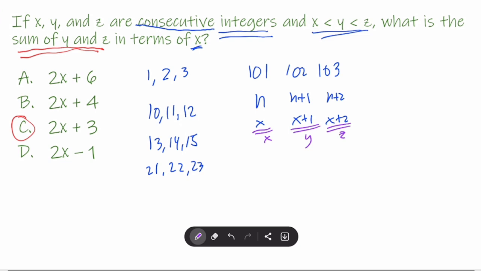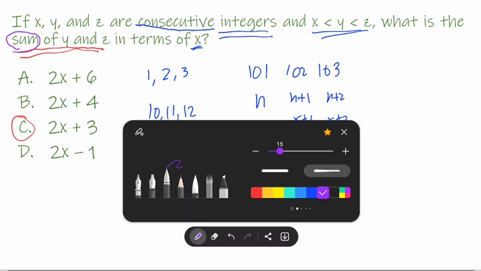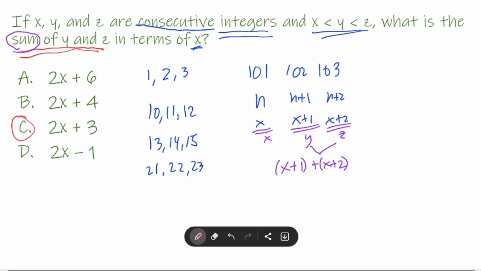Now it's asking for the sum of y and z. So let's compute the sum of y and z. These are the y and z: x plus 1 plus x plus 2. You can also put that in parentheses if you want, although it doesn't matter since it's all plus.